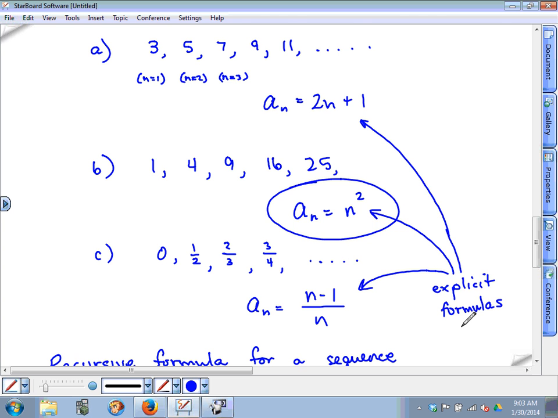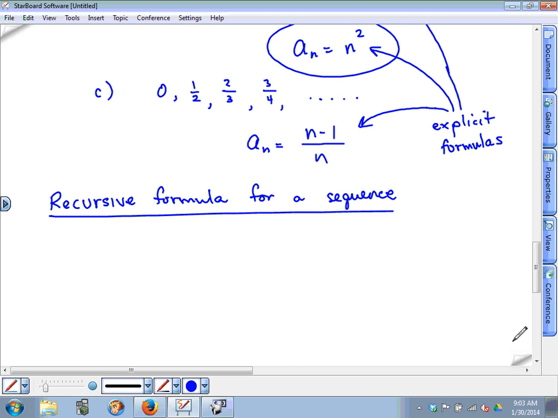You follow? The recursive formulas are different. The recursive formula can't tell you any term you want. The recursive formula depends on the term in front of the term you want. So if I want the 10th term, what term do I have to know? The 9th term. And sometimes the 2 terms in front of it. So recursive formulas are defined much, much differently.